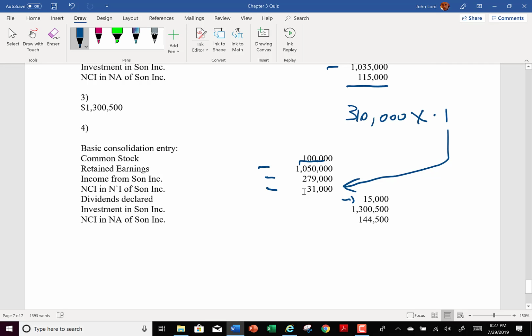Okay? So when we pick up the amount that goes in the investment account, it's always their percentage of the common stock. It's always their percentage of any additional paid in capital, which we did not have in this case. And then we make up a little statement of retained earnings for them.